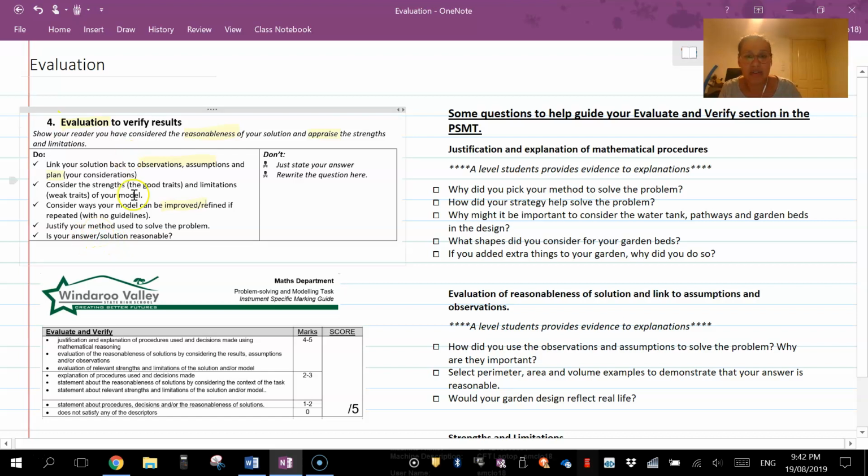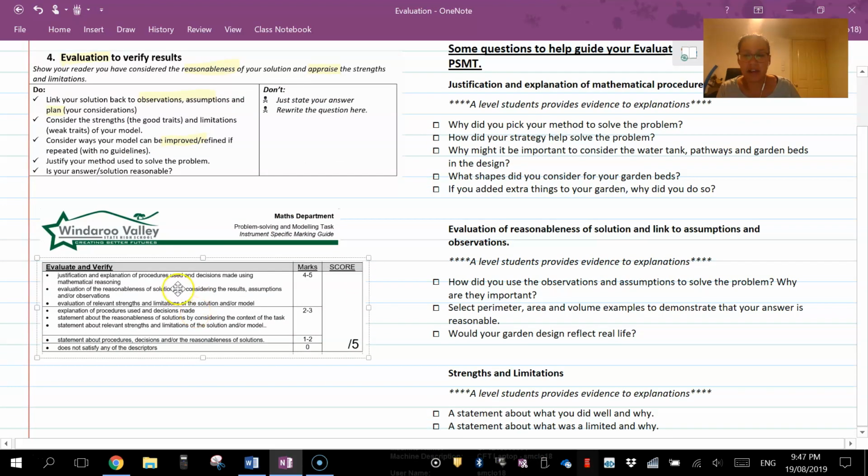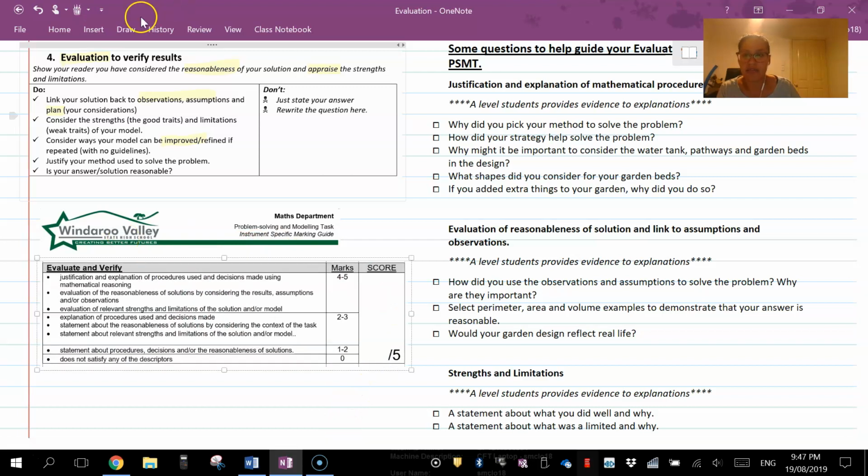So let's have a look here. This bit here is your ISMG, the instrument specific guidance, the information that's coming from there. Look at this first section here. You need to explain the procedures that you used to make the decisions. The difference between this one and this one here is there's justification.